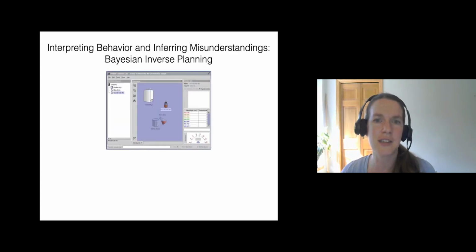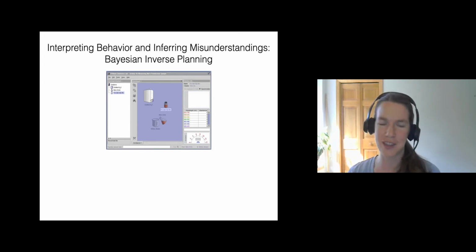So let's take a look at how this applies to interpreting behavior and inferring misunderstandings in these complex tasks. The framework that we developed we'll call Bayesian inverse planning, and it relies on drawing insights from inverse reinforcement learning. In inverse reinforcement learning, we assume there's some automated agent who's observing an expert's actions, say how they pilot a helicopter in a particularly complex way.